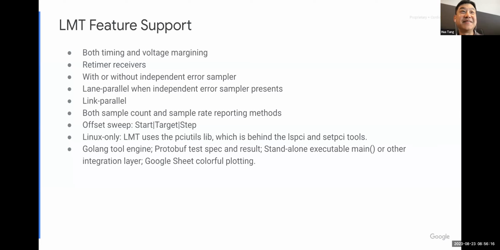Question. I think both your tool and the tool our company developed do the same thing, step by step doing the voltage and timing margin. One question for you is, do you overstep if you reach the limit for a particular lane?